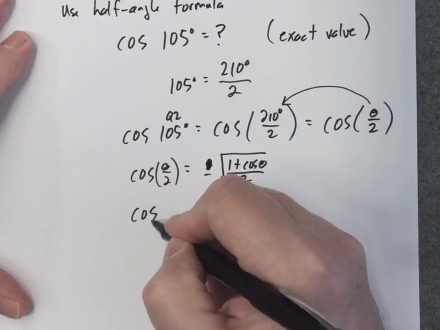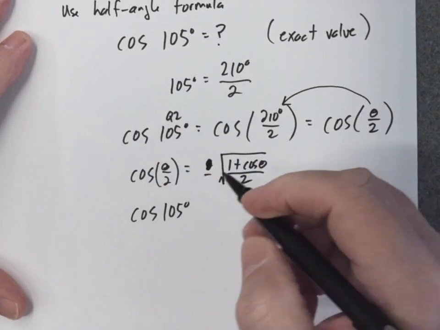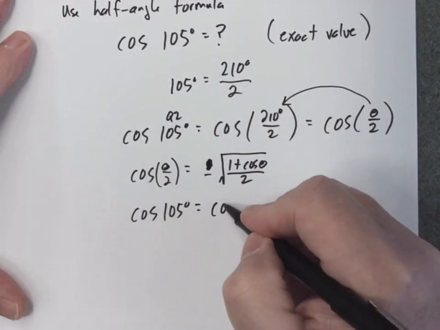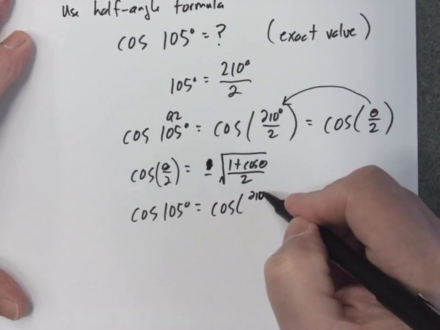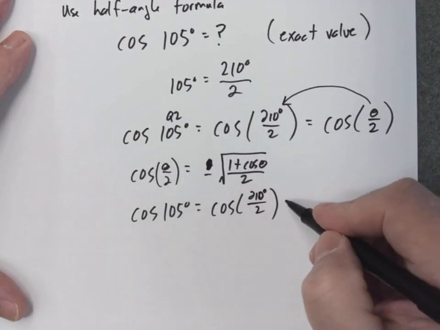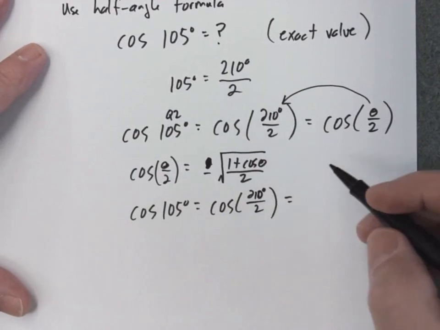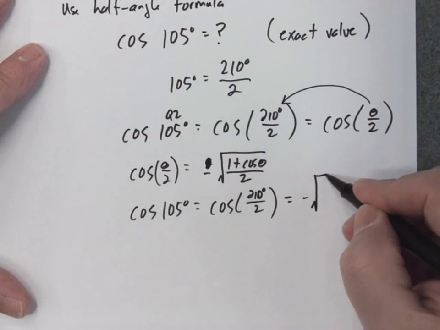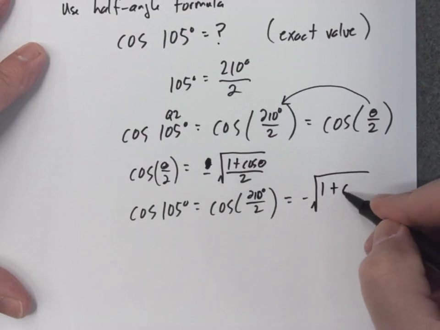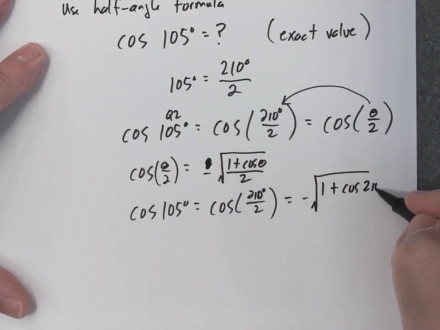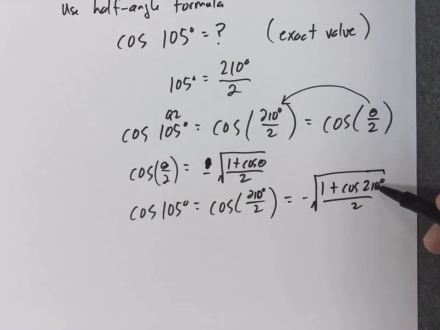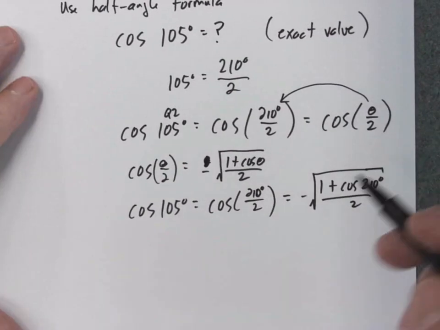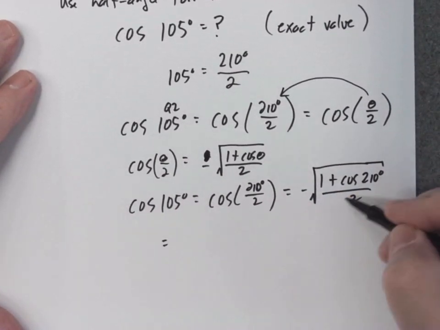So the cosine of 105 degrees, which, just to make it very clear, I'll write it out again, is the cosine of 210 degrees over 2. Since this is my theta, it's the negative square root of 1 plus the cosine of 210 degrees over 2. And because this is a special angle, I know the exact value of cosine of 210. So here's where it gets messy now.